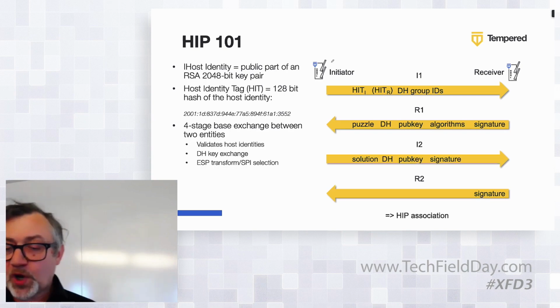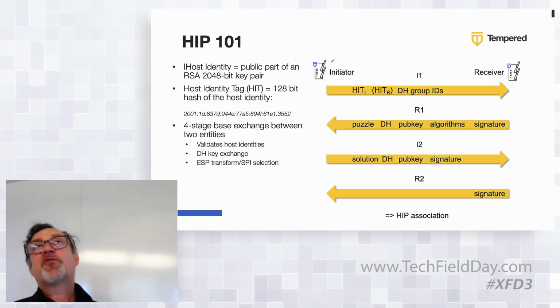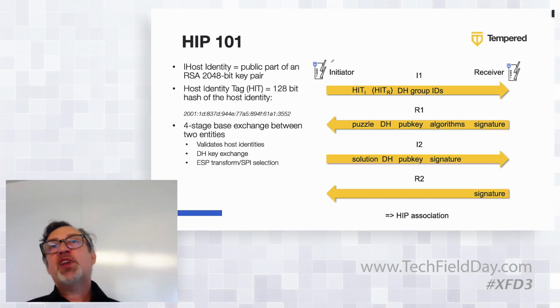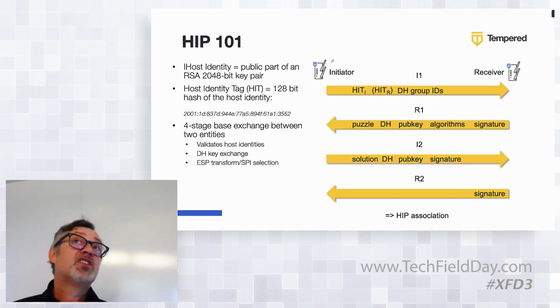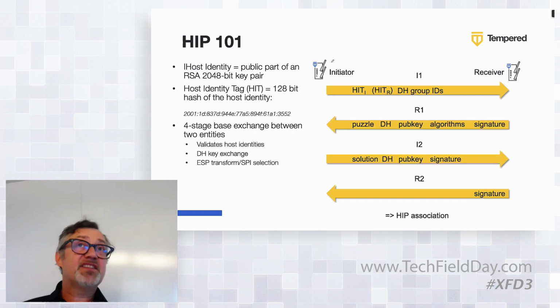So what are the security relevant roles of this? First of all, steps 1, 2, and 3 essentially consist of an authenticated Diffie-Hellman exchange. In the I1 packet, the initiator will include his preferred list of Diffie-Hellman group IDs.